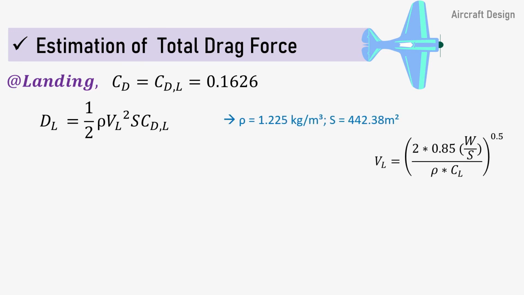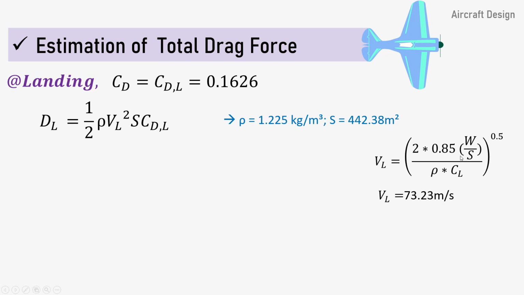And similarly for the landing, we use half rho V squared S C_D. Here rho will be at sea level, and the velocity will be the velocity during the landing condition. How can we find this velocity? The velocity during landing can be found using the formula 2 times 0.85 of W by S divided by rho times C_L of landing. Applying all the values, we find the velocity during landing is about 73.23 meters per second.